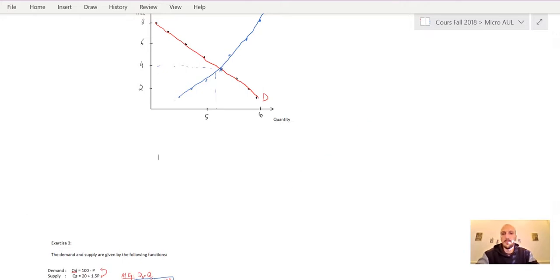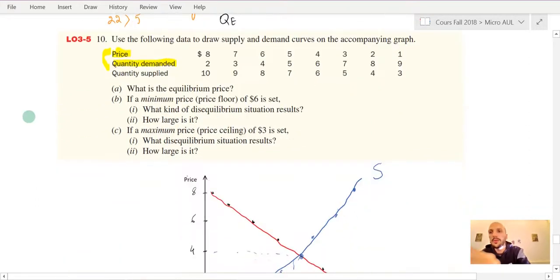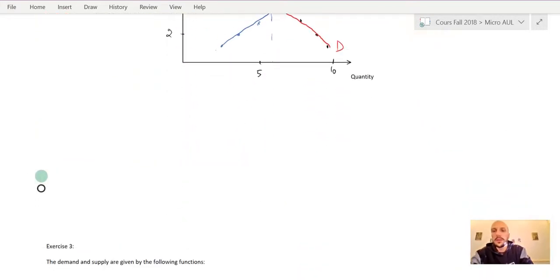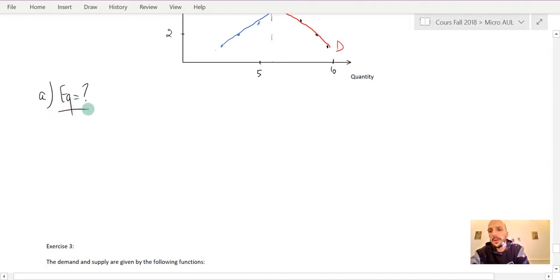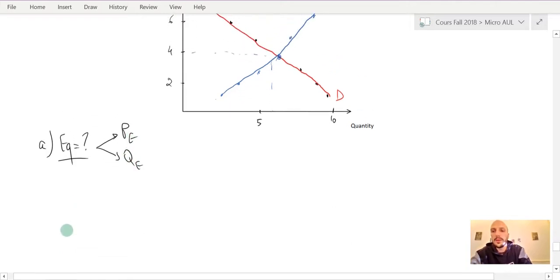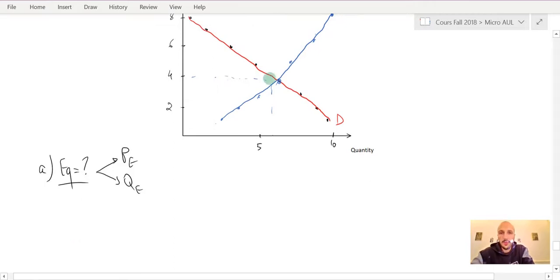So, in question A here, what is the equilibrium? We can see that the equilibrium level is the following. So here A, equilibrium. And in order to find the equilibrium, you should specify the price at equilibrium and the quantity at equilibrium. So here you can see it from the intersection between supply and demand.